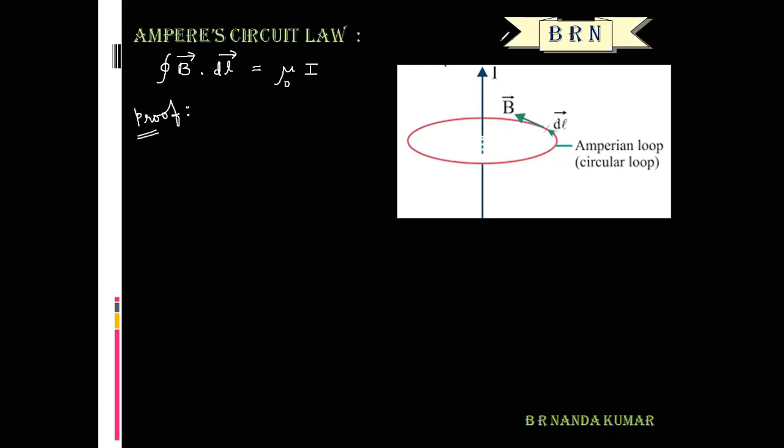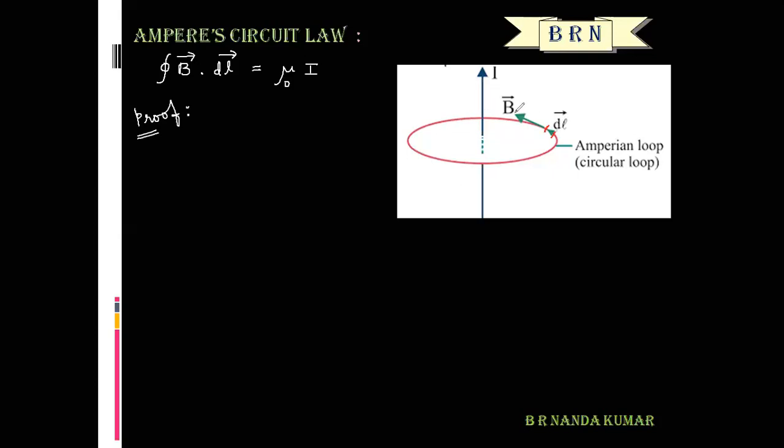Now we can choose a small circular element dl, where dl is the length of the small circular element. What is the direction of the dl vector? The dl vector is tangential to the circular path.